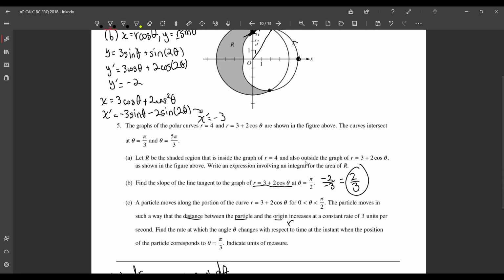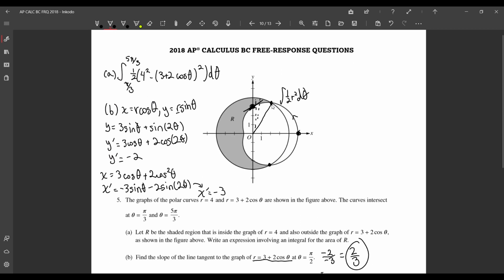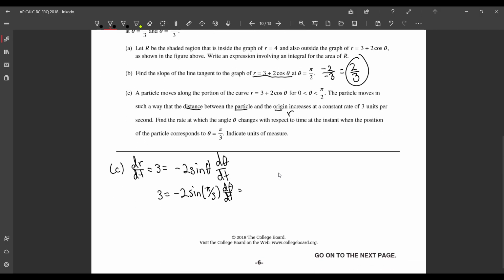And sine of pi over 3, as this triangle here indicates, is square root of 3 over 2. Yeah, so this is minus square root of 3 d theta dt, implying d theta dt equals minus square root of 3 radians per second.